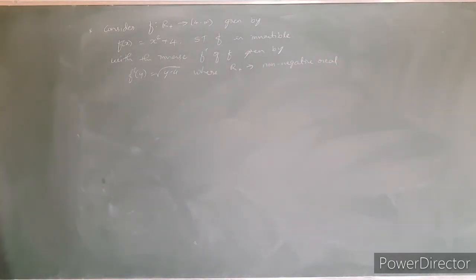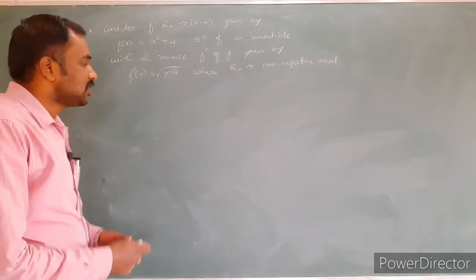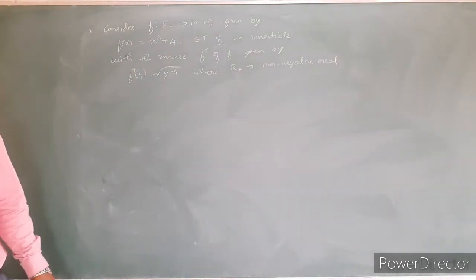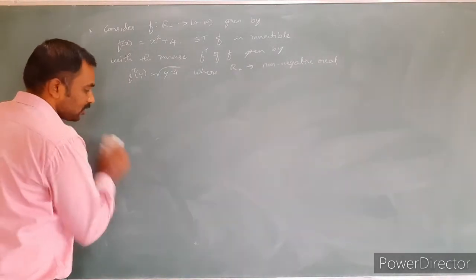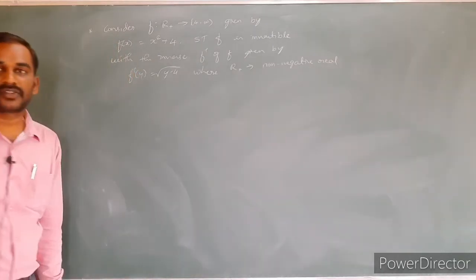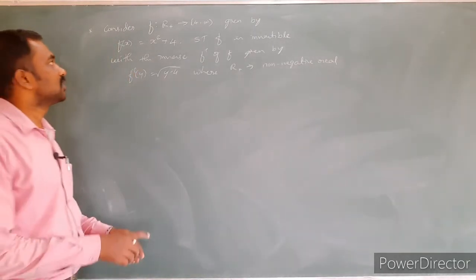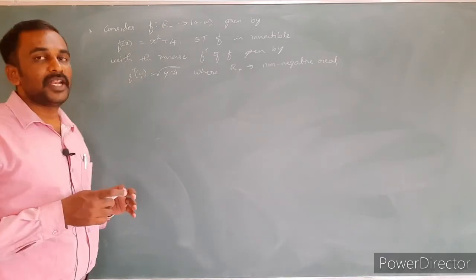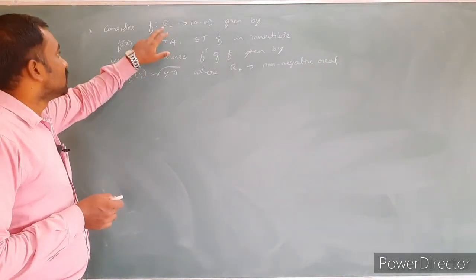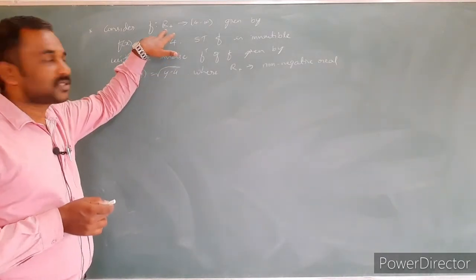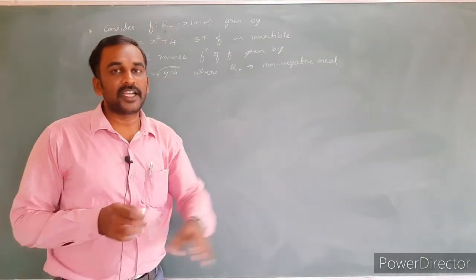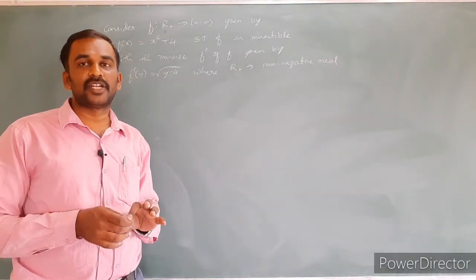So here read the question carefully. The way of asking the question is a little different, but a direct question is there, nothing to worry. Observe the domain and the codomain set. R plus, the set of positive reals, what does it represent? Non-negative real numbers, there is no negative real number.